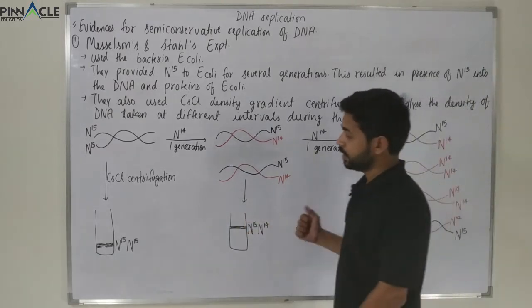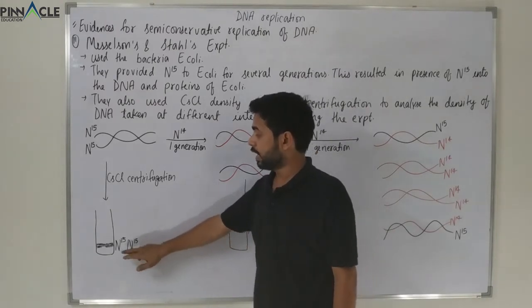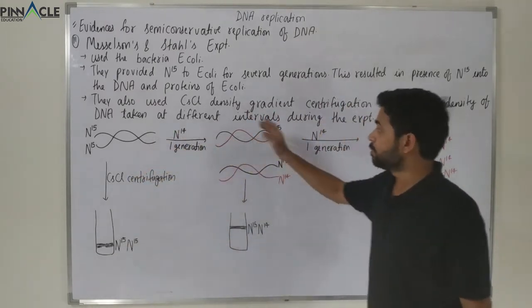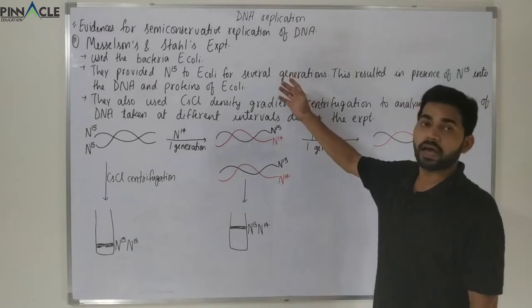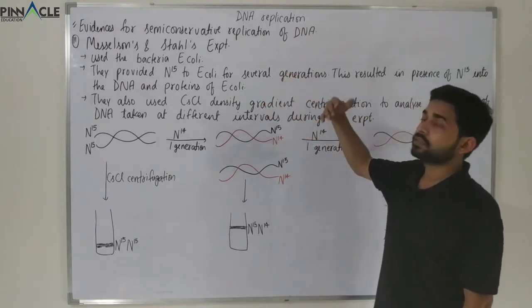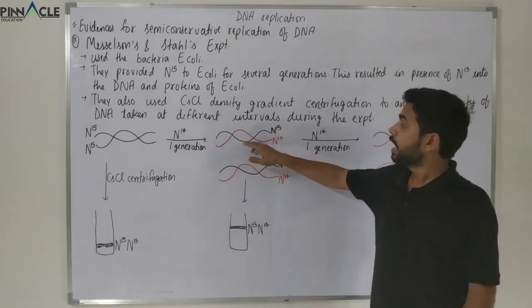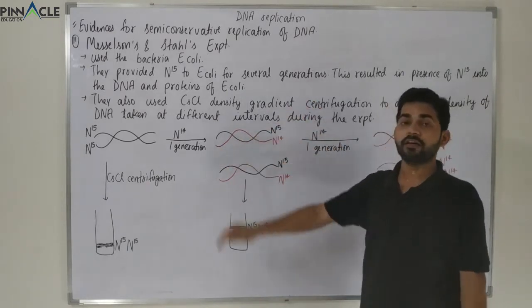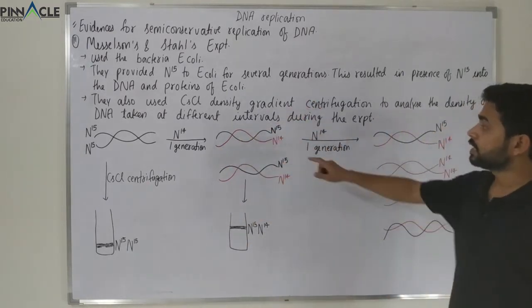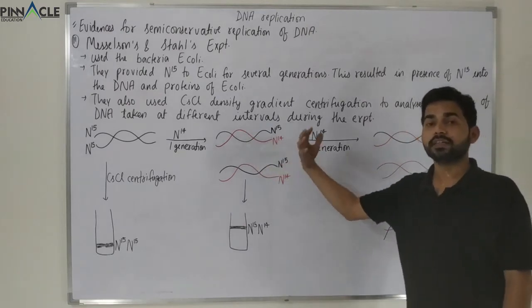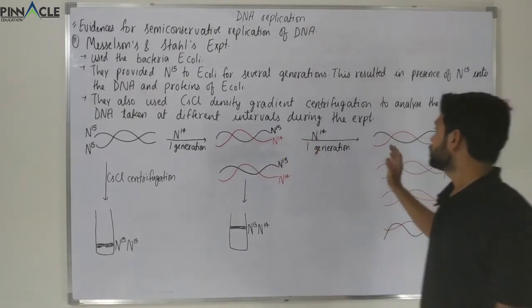So from this study, it was concluded that DNA replication is happening in a semi-conservative mode, that is, one old strand would be there and that will have one new strand, that is, a new strand will come on one old strand, and that is what is happening.